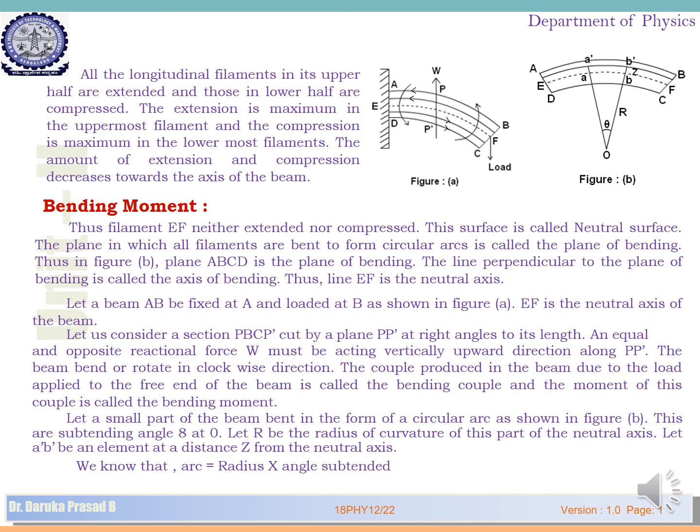Therefore, the arc length AB is simply R into theta. Similarly, for A dash B dash, the distance from B to B dash, or A to A dash, is taken as Z. Hence, the radial distance for the arc A dash B dash becomes R plus Z, and the arc length A dash B dash is R plus Z into theta.